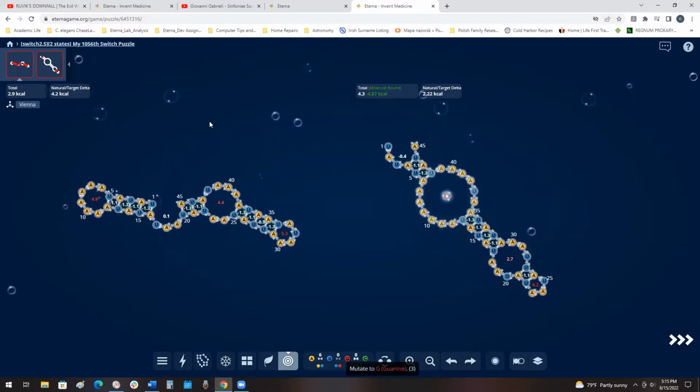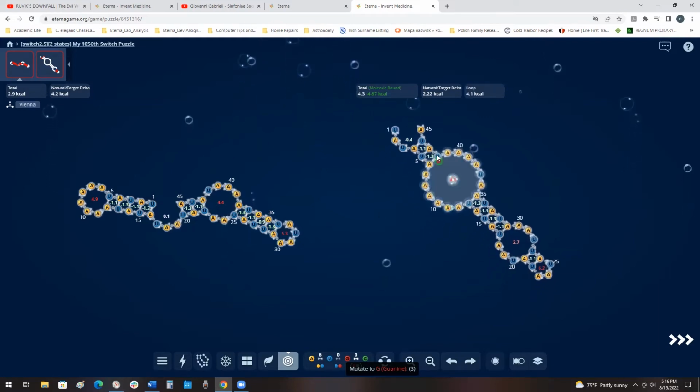The next thing I do is look for hotspots. Those are structures that require specific pairing in order to solve, or mismatches, right? Unpaired bases that want to pair. Those are the things I look for. So going through, in this first state we have this mismatch here.